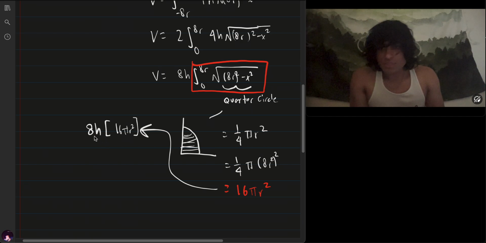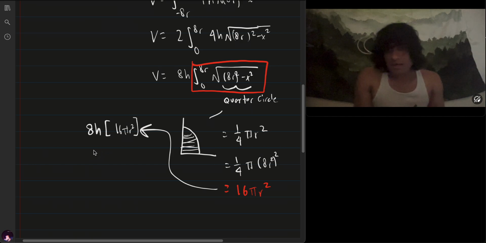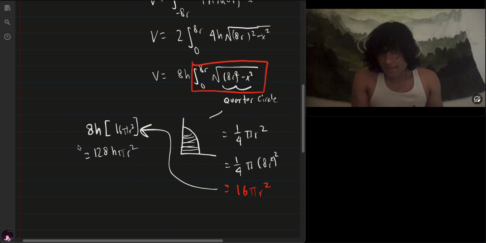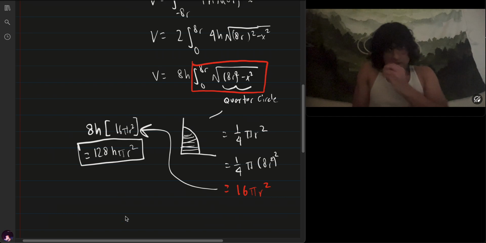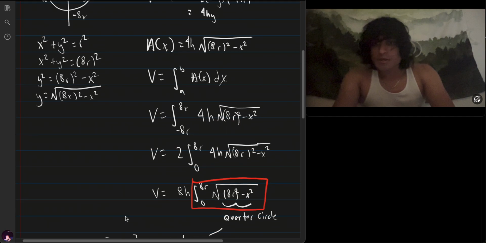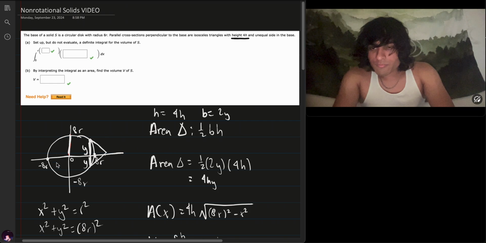So then you do 8h times 16 pi r squared, and you end up getting 128 h pi r squared. And that is the volume of your non-rotational solid for this problem.